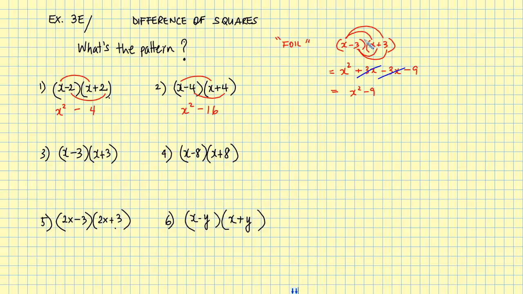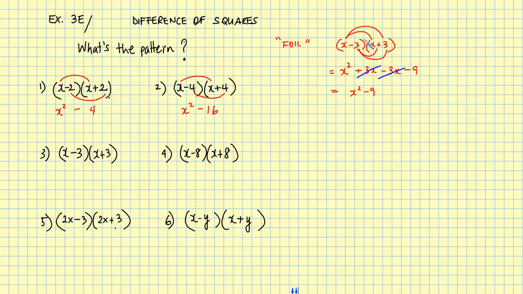So what's actually happening is that when we've got a difference of squares, in other words, the definition of difference of squares, you have two basically identical binomials. The terms inside the parentheses are the same, the only difference being that one of them has a positive in it and the other one has a negative in it.